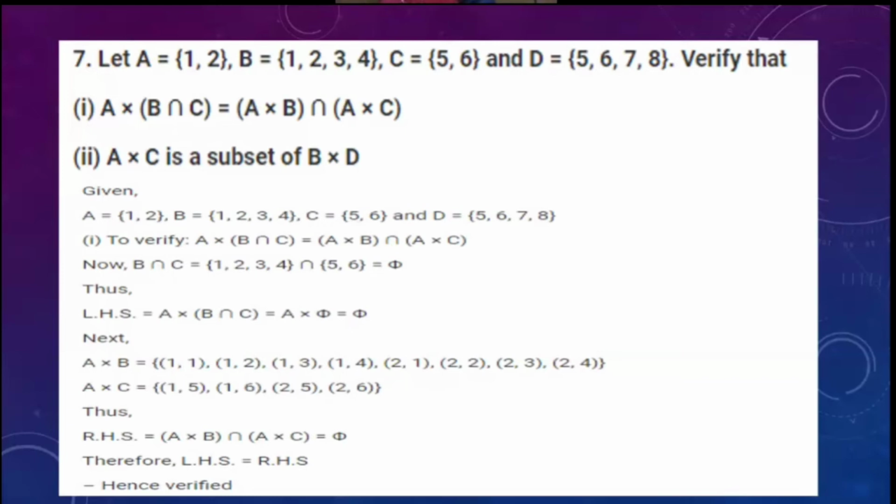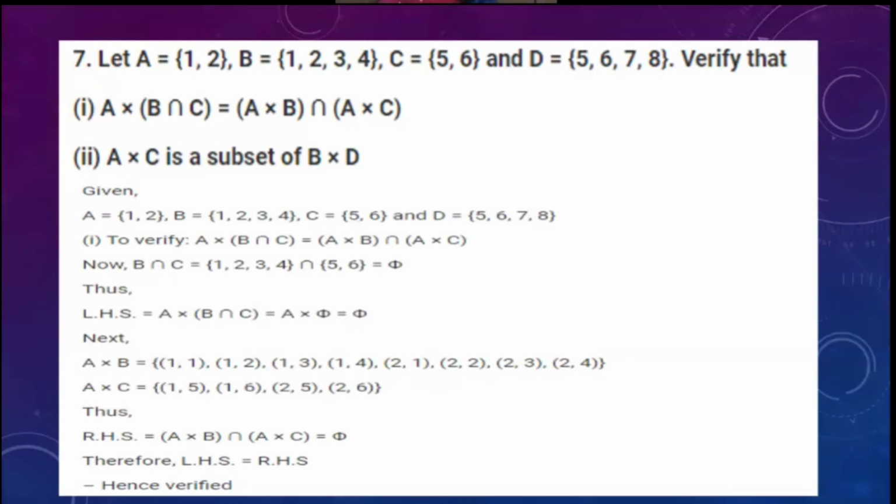Now A into phi means the set multiplied with a null set, so you are going to get phi only. Nothing is there. That is the empty set. Even in simple multiplication, any number multiplied with 0, you get 0 only. That is why when you multiply the set A with an empty set, you get an empty set only.